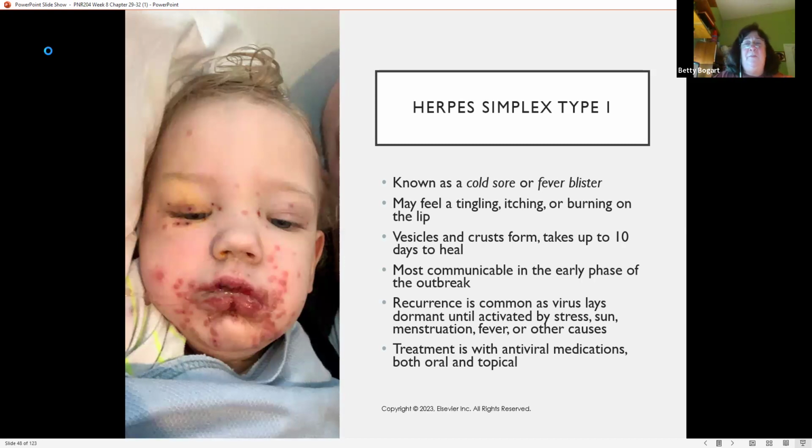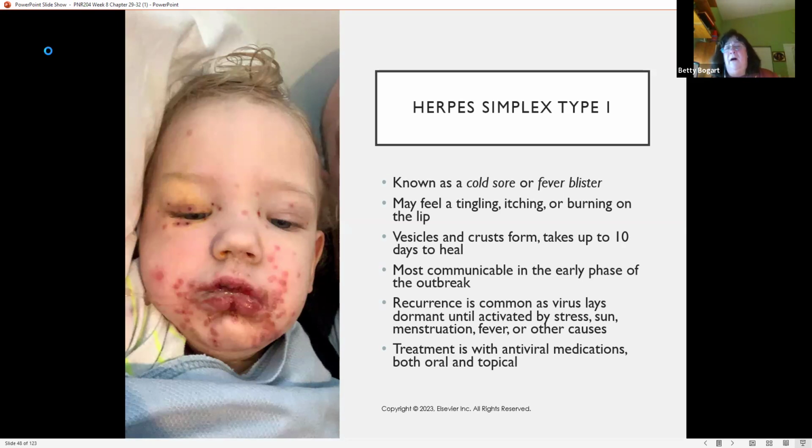Now, herpes simplex. We call them a cold sore or a fever blister. As soon as I get sick, bust a little fever, I can feel a little something. You feel that little tingling coming up there. Infants can get it, and why?